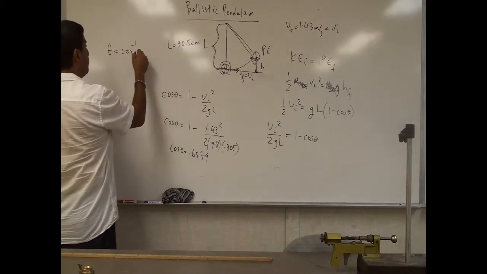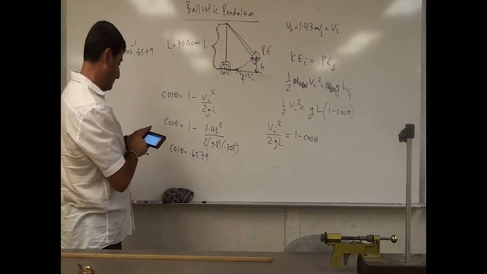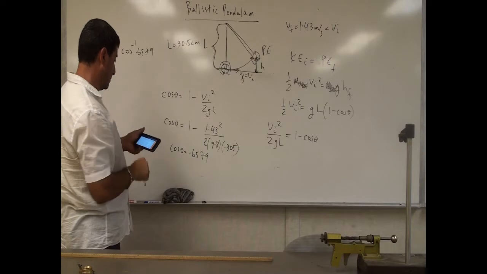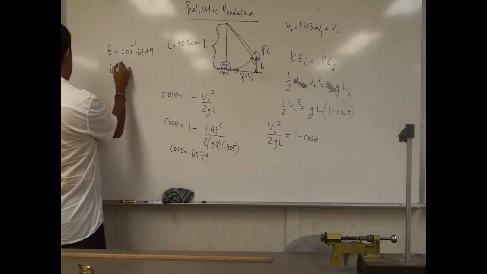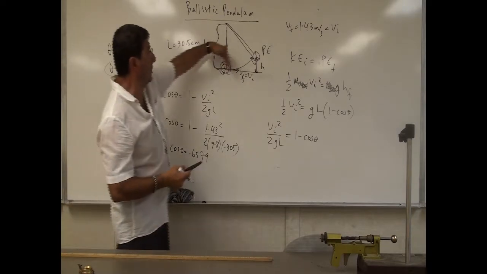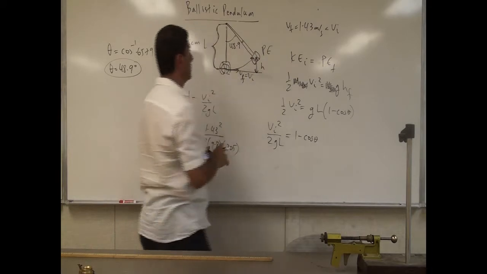Cosine inverse of 0.6579. And I get theta is 48.9 degrees. So I predict that this will go up all the way to 48.9 degrees.